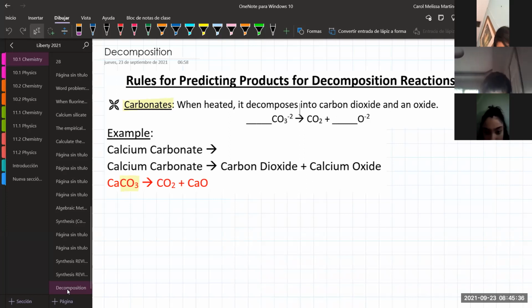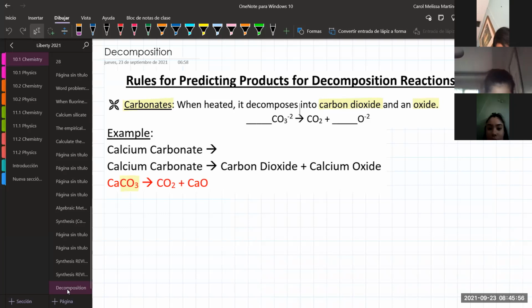Take a look to this. The rule is telling me what is going to be produced. So carbonates will produce or will decompose into carbon dioxide and oxide.